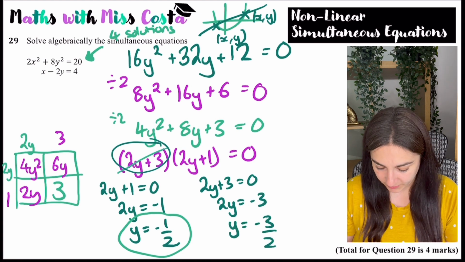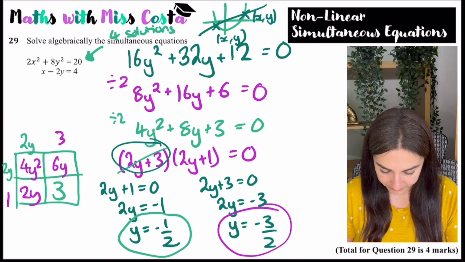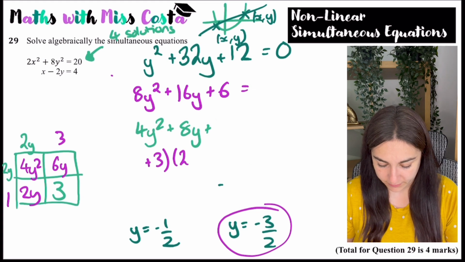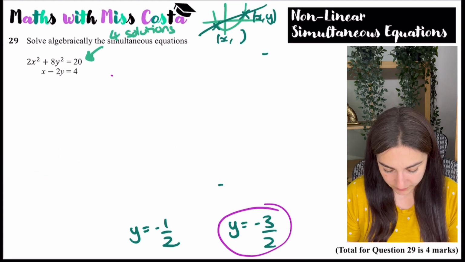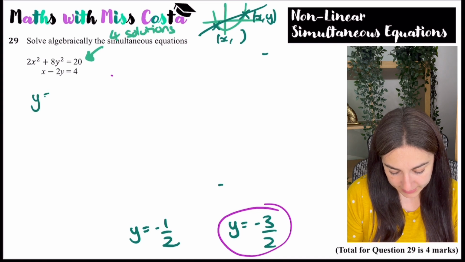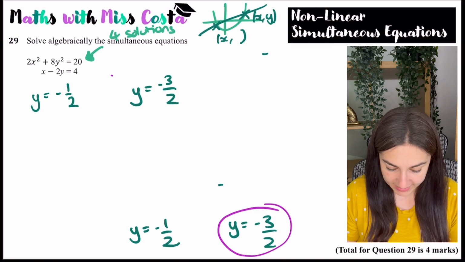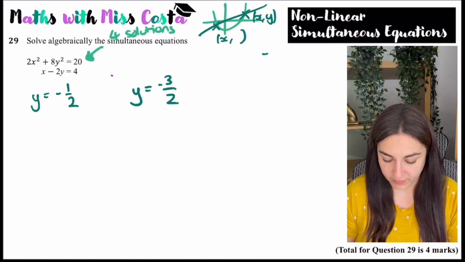Okay, so I've got those values, so let's write them up here and get rid of all of this because I don't need it anymore. So my y value is minus a half and also minus 3 over 2. To work out my x value, all I need to do is substitute that y value into one of the equations.